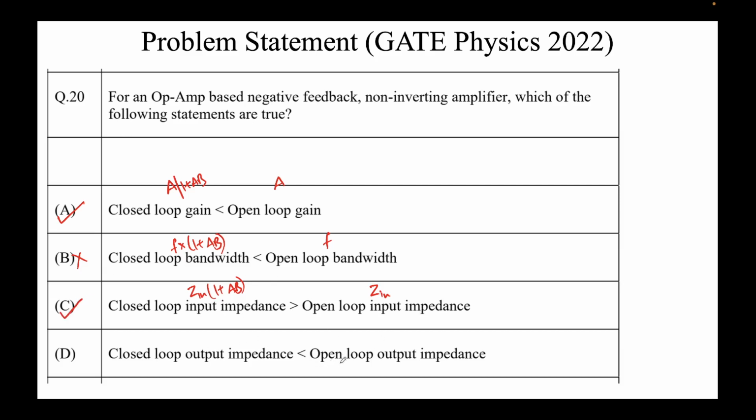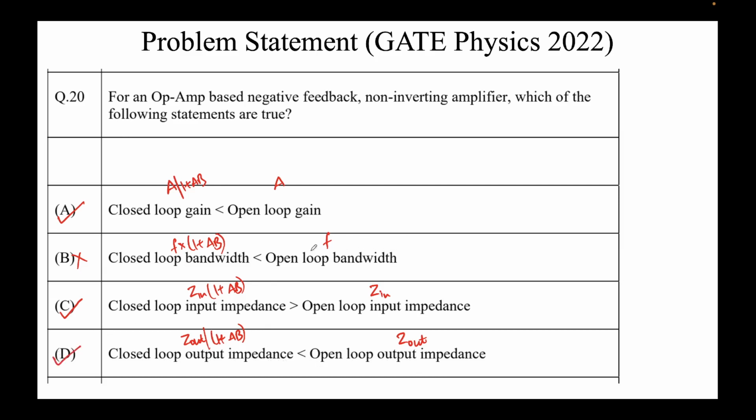Now option D: open loop output impedance is Zout, however, closed loop output impedance is Zout divided by 1 plus AB. Why is this so? Because on the output side we have a parallel connection, and when we have a parallel connection, effective impedance decreases. It decreases by a factor of 1 plus AB here. So open loop output impedance will always be greater than closed loop output impedance. So option D is also correct.